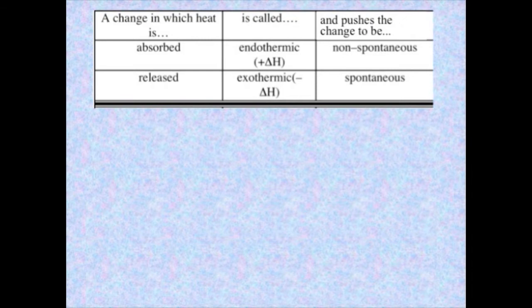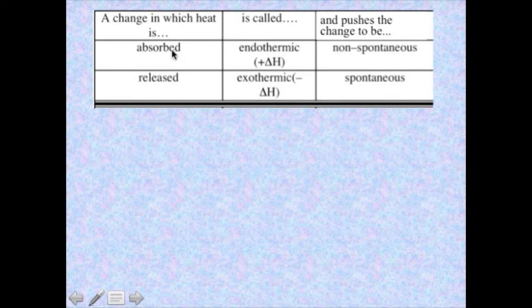Now let's consider the effect of enthalpy and entropy on a change being spontaneous or non-spontaneous. A change in which heat is absorbed we call endothermic, with a positive delta H, or positive change in enthalpy value, and it pushes the change to be non-spontaneous.